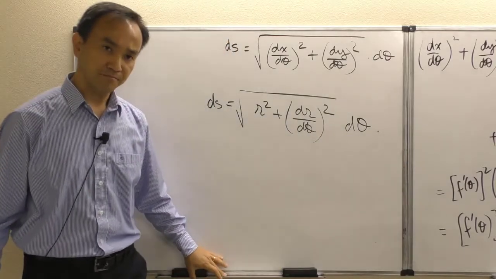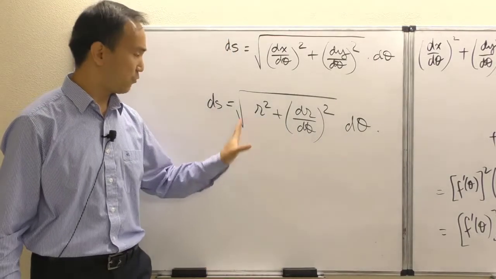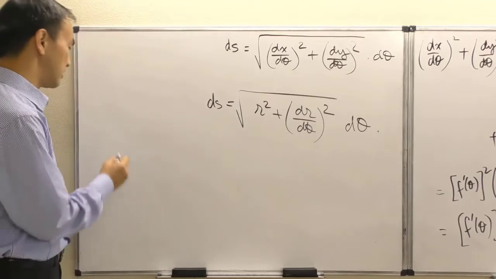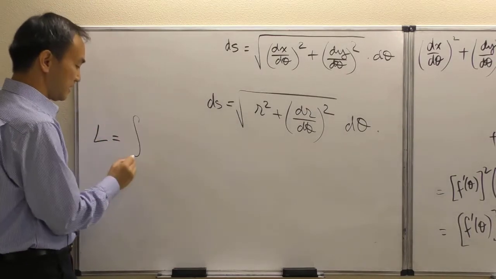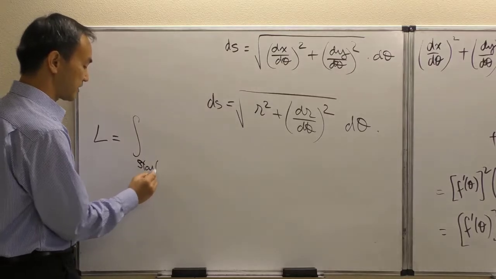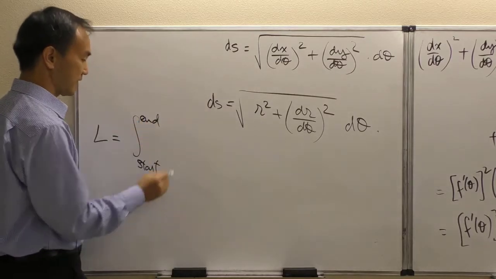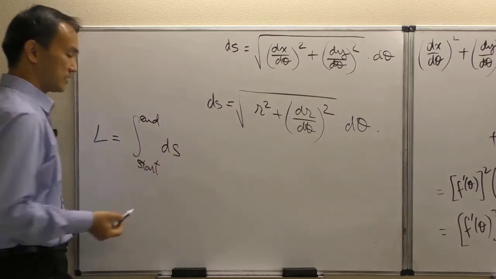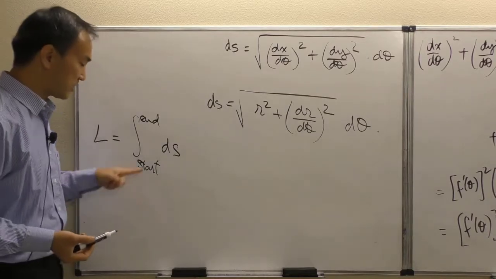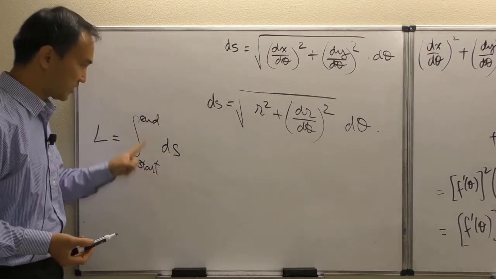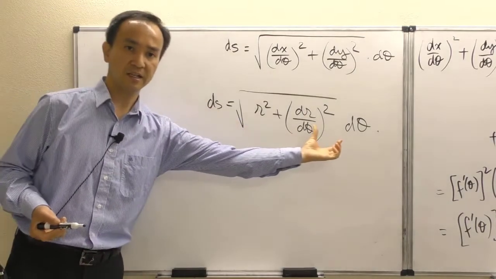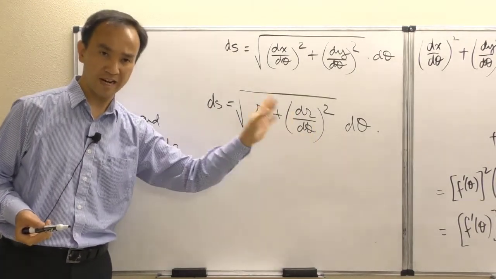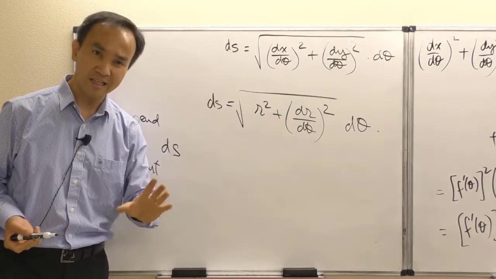Now once we have found that, think of our integral: the length of any curve in polar coordinates, from some start to some end, is the accumulation of infinitely many subsegments. Each of the subsegments is represented by this lengthy expression with the square root, but at least it's not that lengthy anymore.